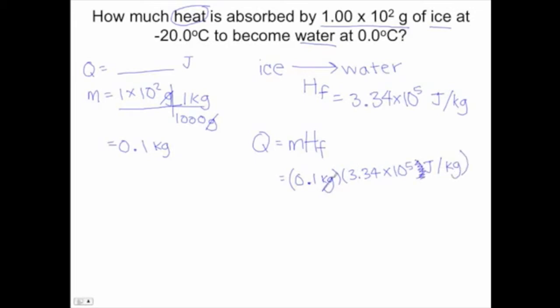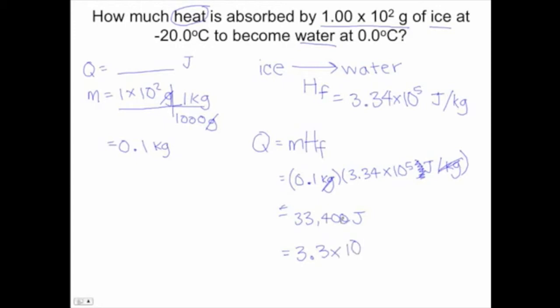And if you're one of those people that tracks where the units go, I am, because I like to make sure I get the right answer, and so I track my units. That's how they cancel out. And so when I do this math, I get 33,400 joules. You also might see answers written like this.